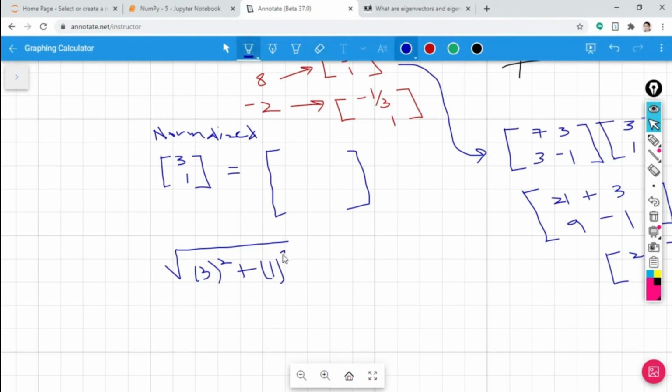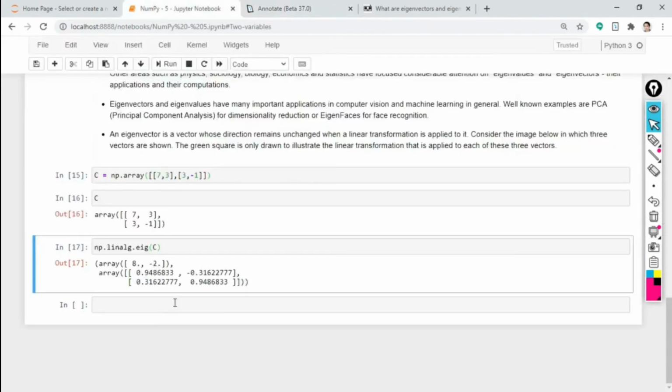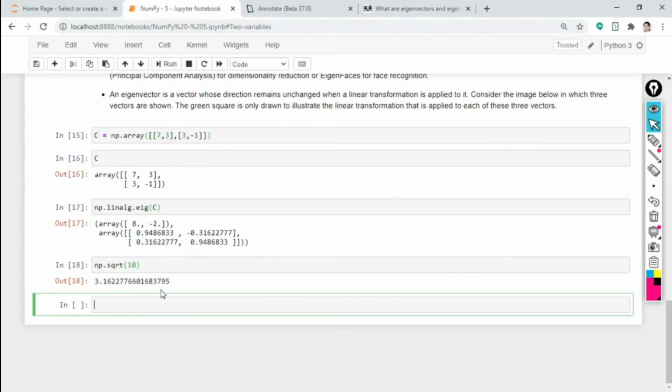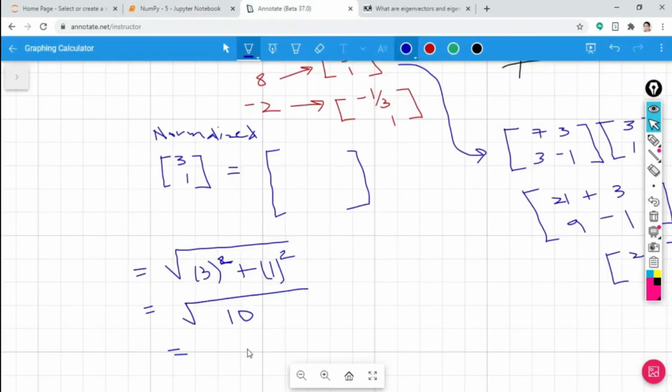So this one is 1 squared, this one is 3 squared. So I think this is the square root of 10, 9 plus 1. If I'm not mistaken, let's compute this one. What is the square root of 10? In NumPy, if you remember, sqrt of 10 will be 3.162277.